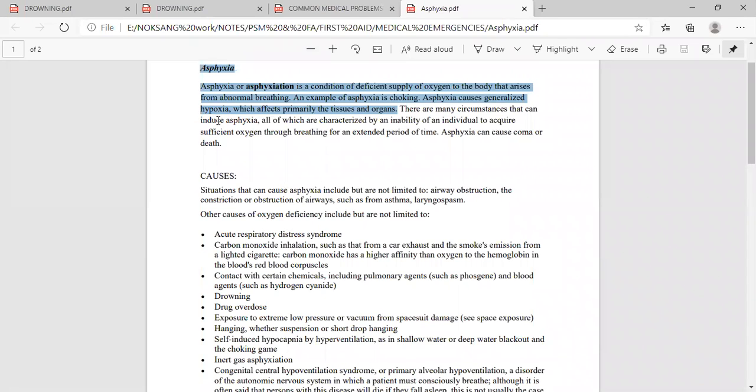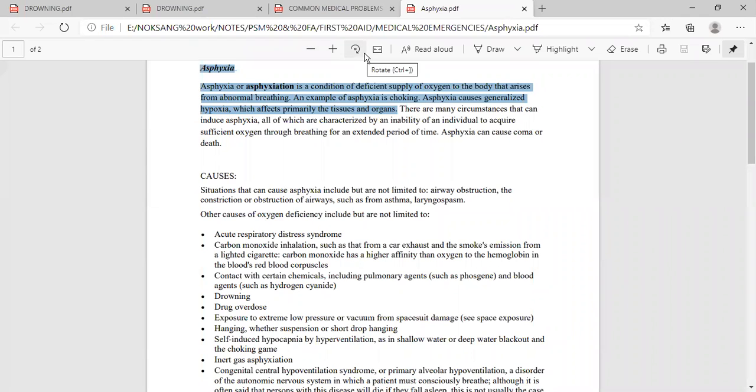So asphyxia, what does it cause? It causes hypoxia. What does hypoxia mean? Do you know what is hypoxia? Anyone? Anybody knows hypoxia?